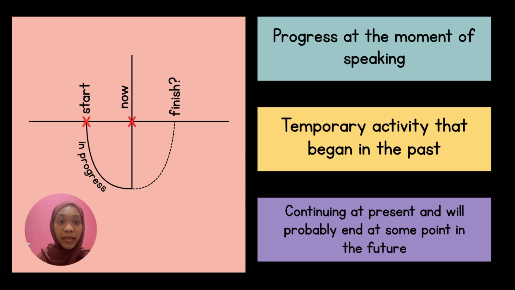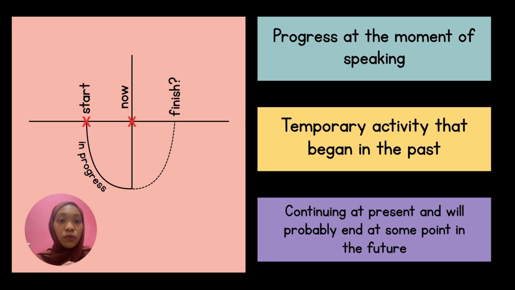So this visual helps you to understand 3 important uses of the present continuous tense, just like I highlighted in the 3 boxes on the diagram. The first one shows progress at the moment of speaking. As I said, the first X happened before now, in the past, and is still in progress until right now, the moment you are doing or speaking.